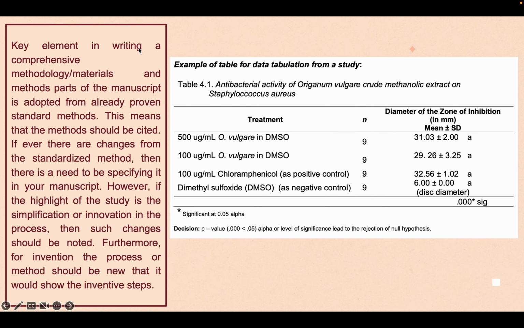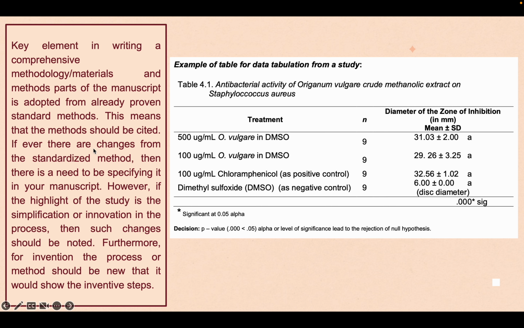The key element in writing a comprehensive methodology and the materials and methods parts of the manuscript is adapted from already proven standard methods. So you research for a proven standard method to apply to your study. This means that the method should be cited.